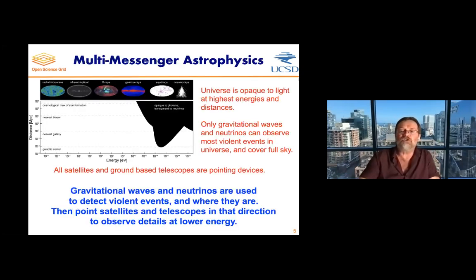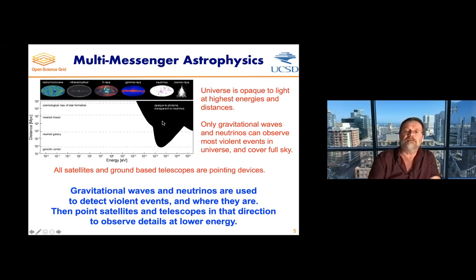So let me start with the science. The connecting tissue between these two large-scale instruments is the notion of multidimensional astrophysics. What I'm showing here is a view graph that shows the energy of photons in eV versus the distance that they travel through the universe.